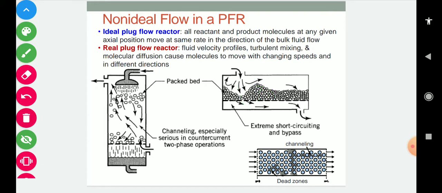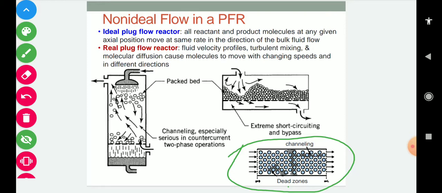So in this way, extreme short circuiting and bypassing occurs. On the other hand, if you can see this diagram, there are some dead zones, colored in brown.